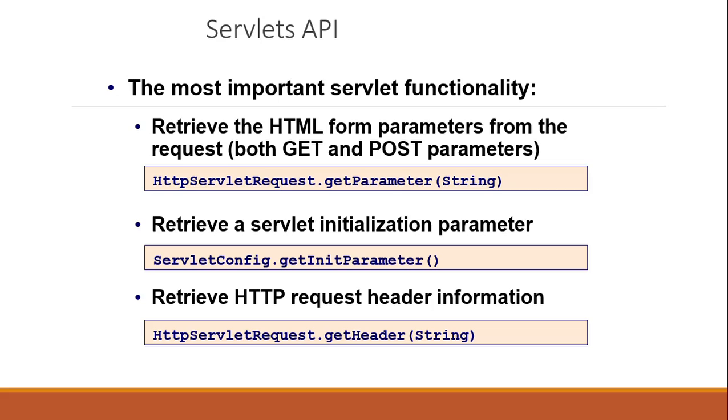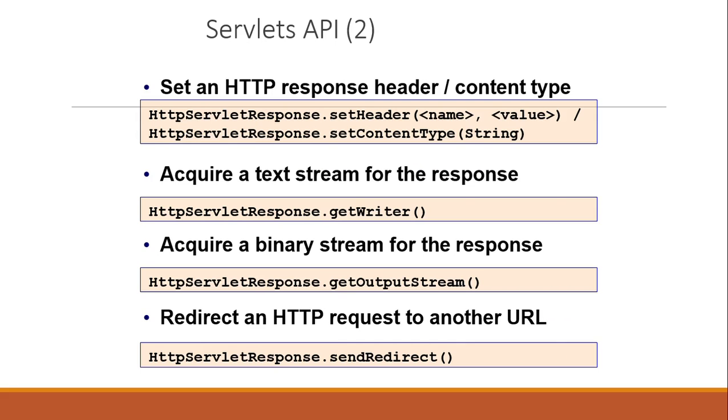To retrieve a servlet initialization parameter: sometimes you want to retrieve only the HTML form, and sometimes the servlet initialization parameter, and then you use servlet config dot get init parameter. We will see this in the life cycle of the servlet also. Next is retrieving HTTP request header information: HTTP servlet request dot get header string. Next is servlet API.